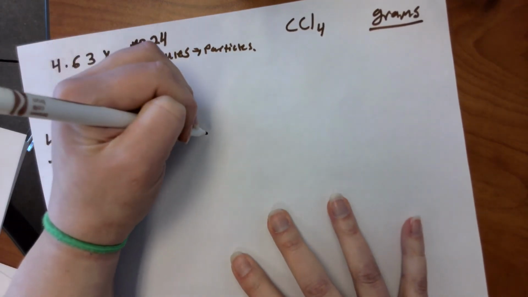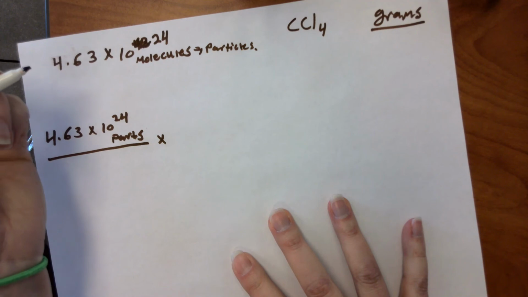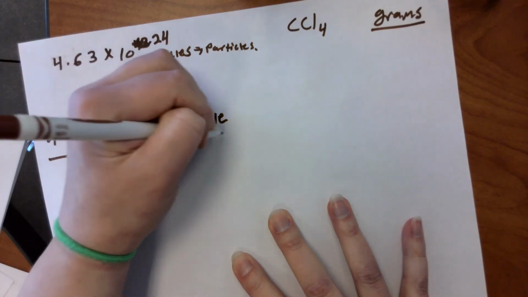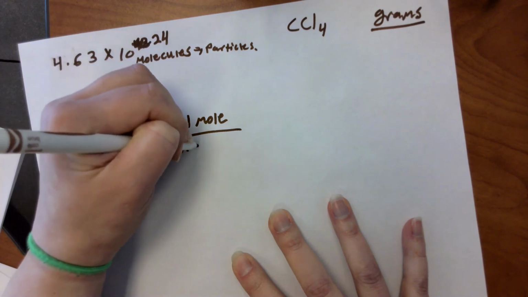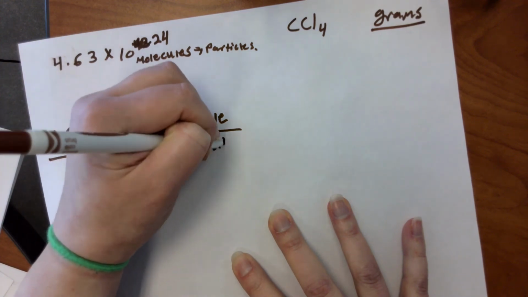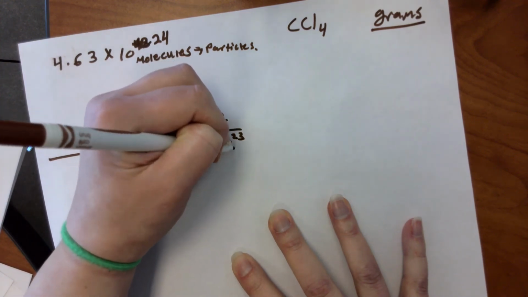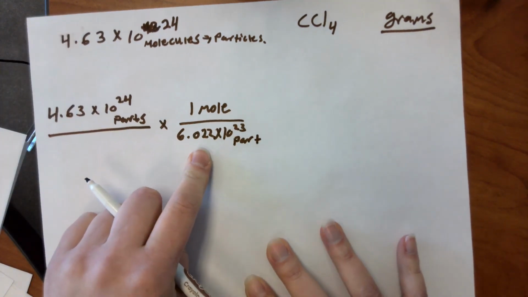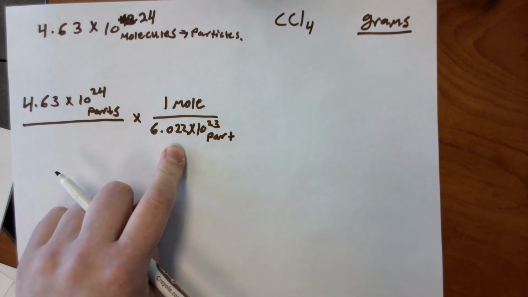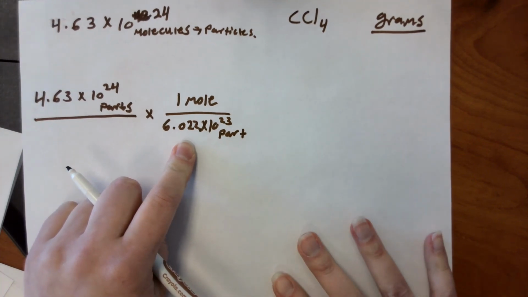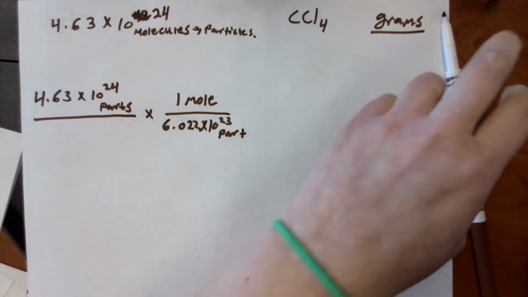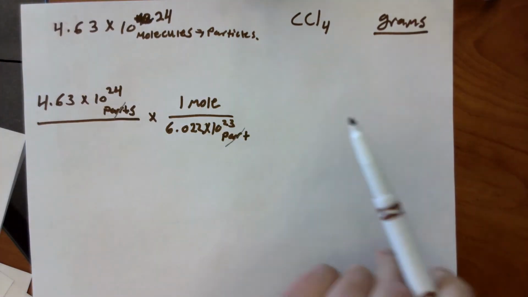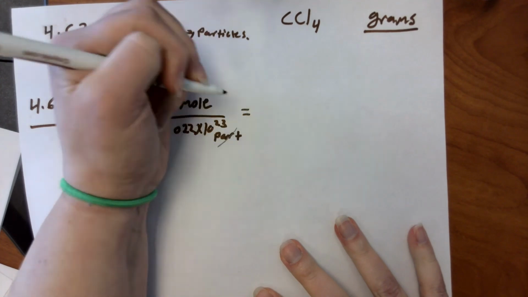And we know that 1 mole is equal to 6.022 times 10 to the 23rd particles, or pieces. Okay, so we have to do one conversion to start off with to leave us with moles, because that's going to get rid of the particles. So we'll do that first.